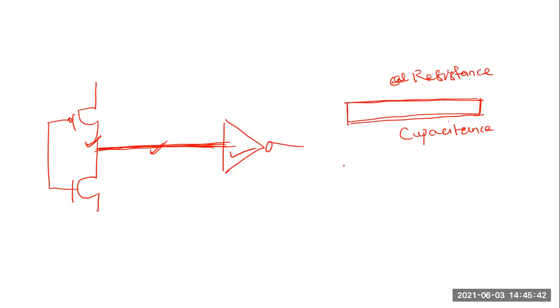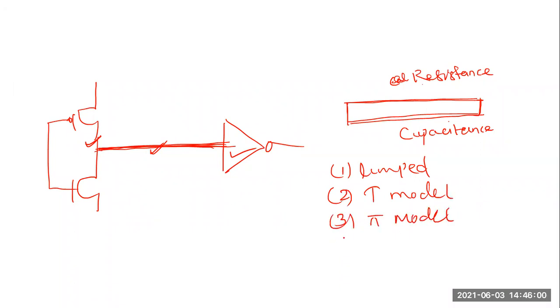For what? For the lumped model, what is the resistance and capacitance? Then for the T model, then the pi model. The other models are the T2 model, the pi 2 model, and then the distributed model.